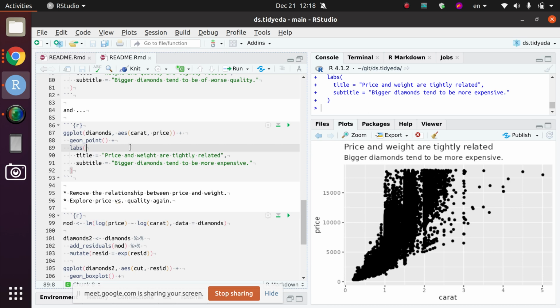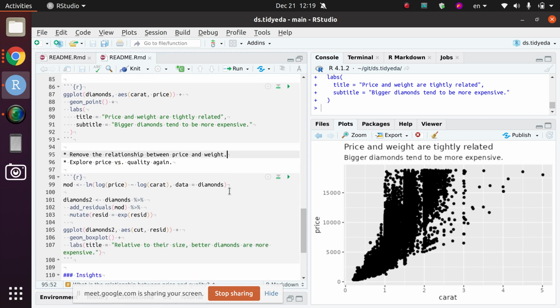So what we want to do now is try to extract the relationship that we have between price and weight, so that we analyze the price and the quality once we have somehow standardized for the weight. We have to make the price relative to the same weight. That's what we're going to do with the tool that we have just learned, the model.